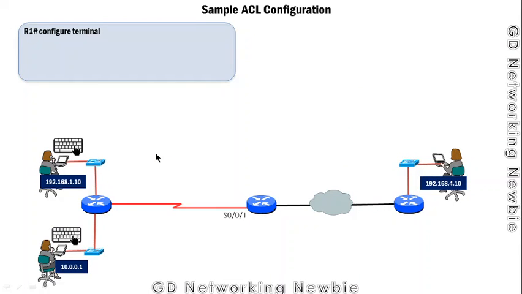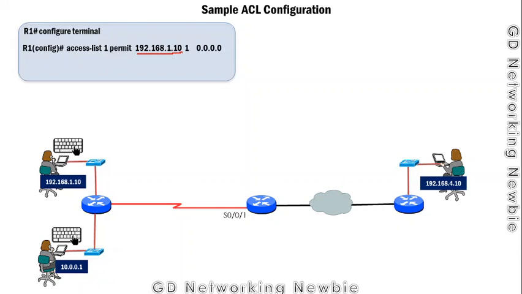Now just an example of how we can configure the standard access list, because I haven't discussed the extended access list. In a standard access list, in this scenario, first we need to go to global configuration mode. And then, for example, we want to permit packets from this host.